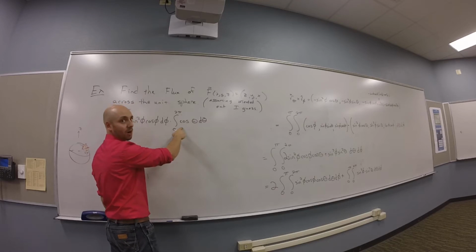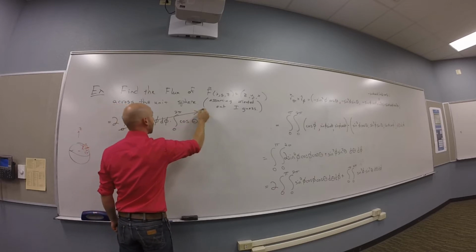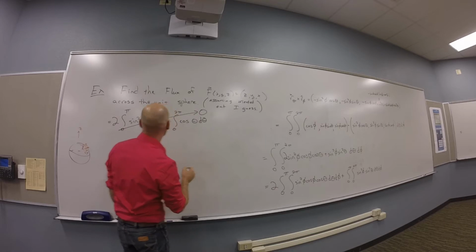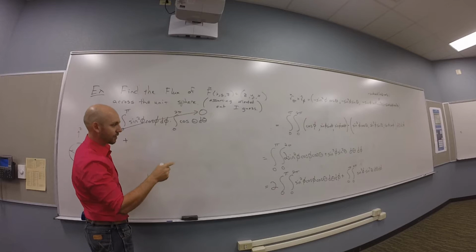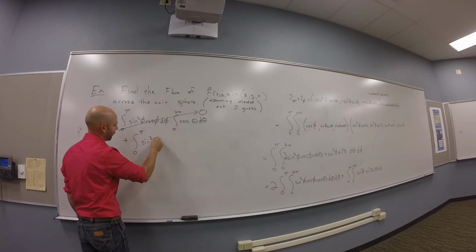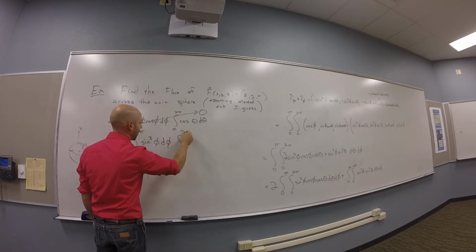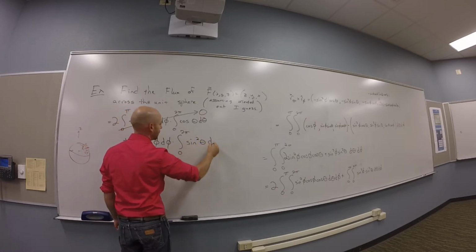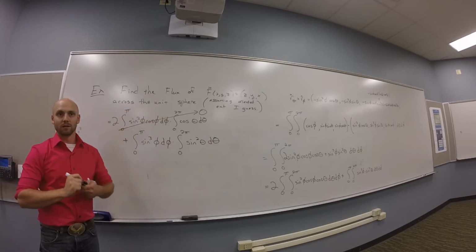Oh, but this part's going to be 0. Yeah, you're multiplying. So all this is 0. And then plus, you can do the same thing with that one. I can pull everything apart a little bit. So I got the integral from 0 to pi of sine cubed phi d phi times the integral from 0 to 2 pi of sine squared theta d theta, right? You guys all with me on this?